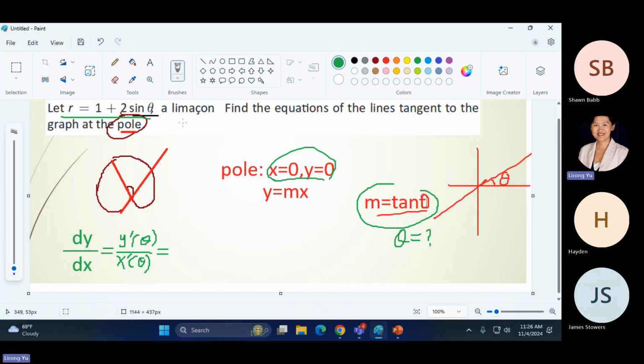In polar coordinate, the x is equal to r times cosine theta. In our case, r is a function, r equal to 1 plus 2 sine theta. And we're repeating what we were doing last Thursday as far as finding the derivative. So that's our x, and then y equal to r times sine theta.